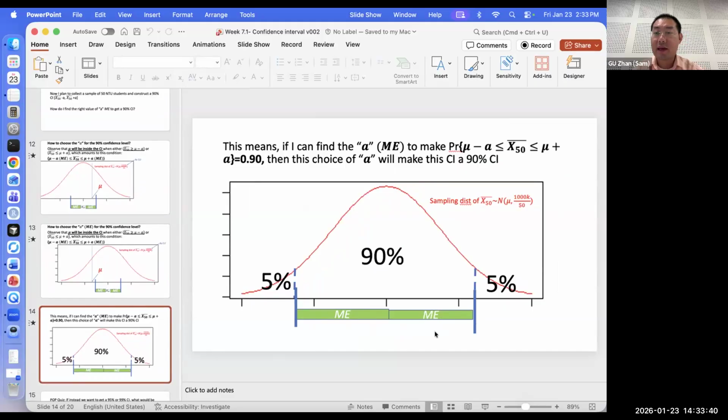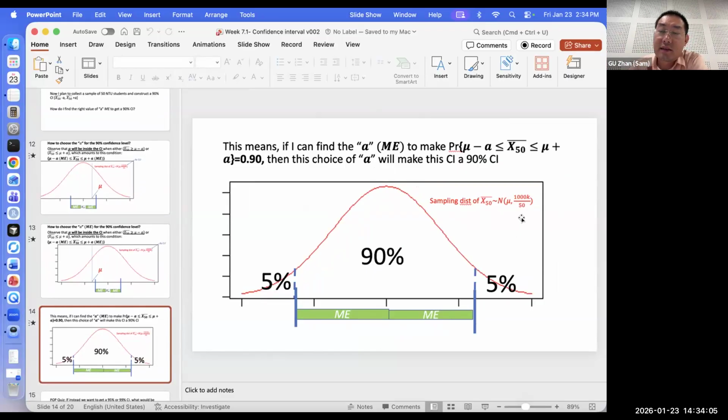So the margin of error is an area. We make sure that this sampling distribution, the red curve, is the sampling distribution. So how to calculate the sampling distribution? Based on last week, we can find the sampling distribution is a normal distribution. The mean value of the sampling distribution is the mean of the sample that you collected.